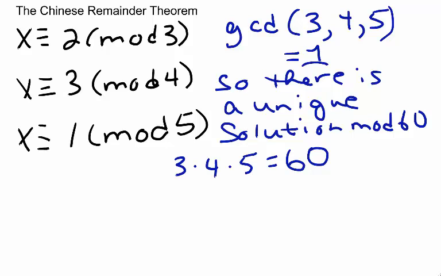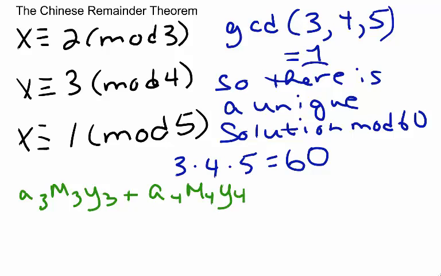So our goal is to solve an equation of the form A3, M3, Y3, in other words, the product of A3, M3, and Y3, plus A4, M4 times Y4, plus the product of A5 times M5 times Y5.